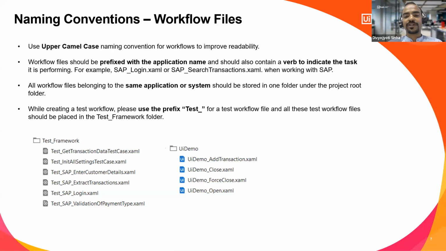So all of them clearly state what exactly operation is being performed inside those XAMLs. Also, if you want to build any kind of test workflow, you can name those as test underscore and then the workflow that you are trying to test as part of that particular XAML. And all those should be contained in a test underscore framework in your project workflow.